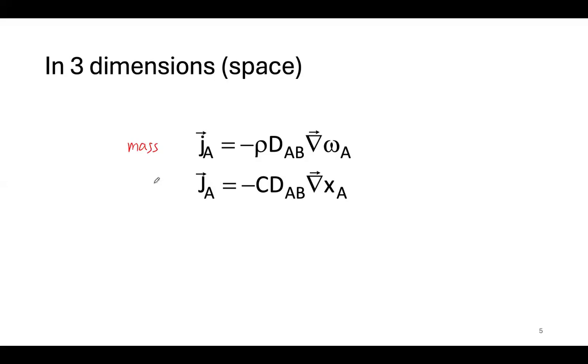Or for the molar one, the JA vector, capital J, equals minus the total concentration of the components, multiplied with DAB, and then the gradient of the mole fraction.